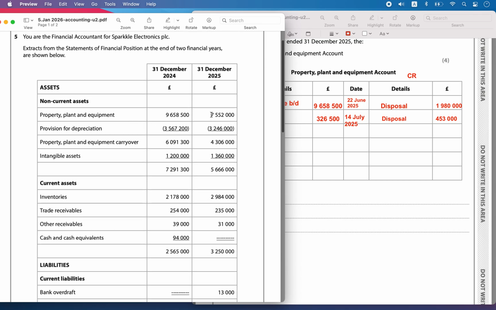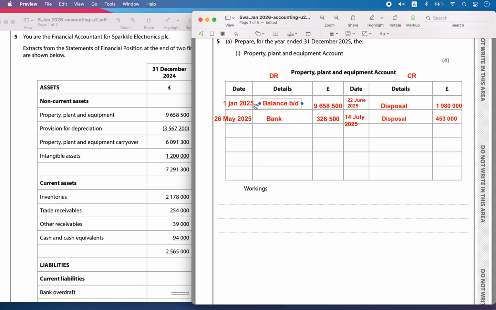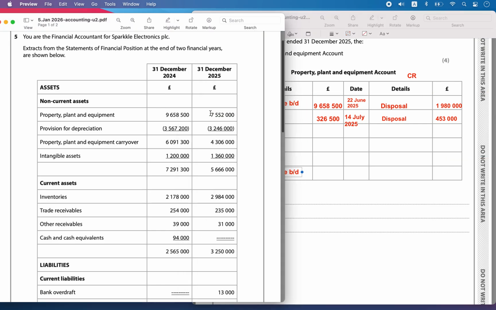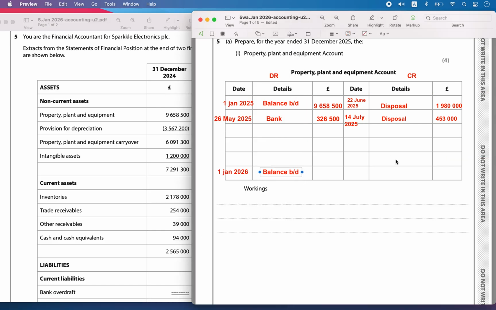Now we have to balance it out. The balance at the end was given as 7,552,000, which we can get from the statement of financial position.